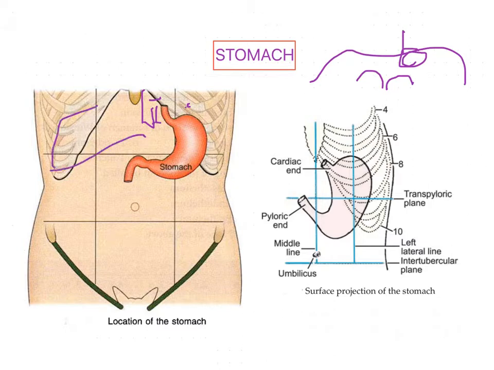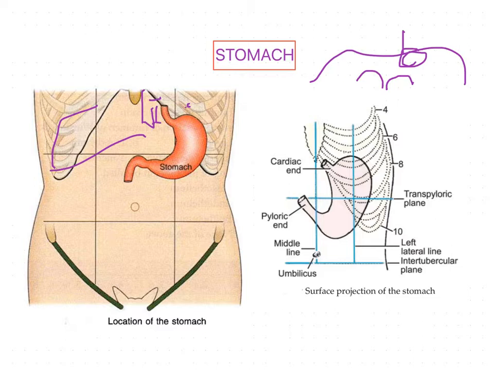So here, this becomes the left lobe. Behind the left lobe, the esophagus is present, and it ends by opening into the cardiac end of the stomach.